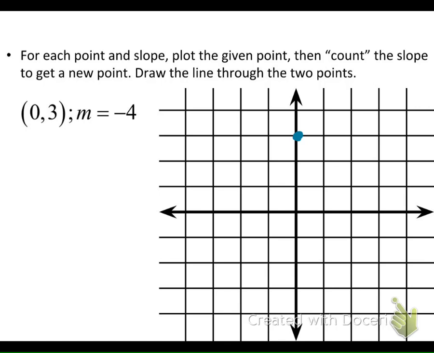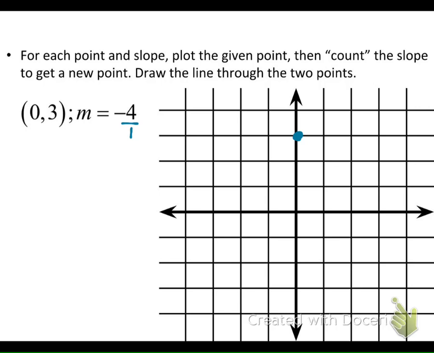Real quick before you start. Whenever we see m equals negative 4, that's the same as saying negative 4 over 1. So now we have our rise and our run instead of just the rise. Alright, go ahead, David. Aren't you going to go left?